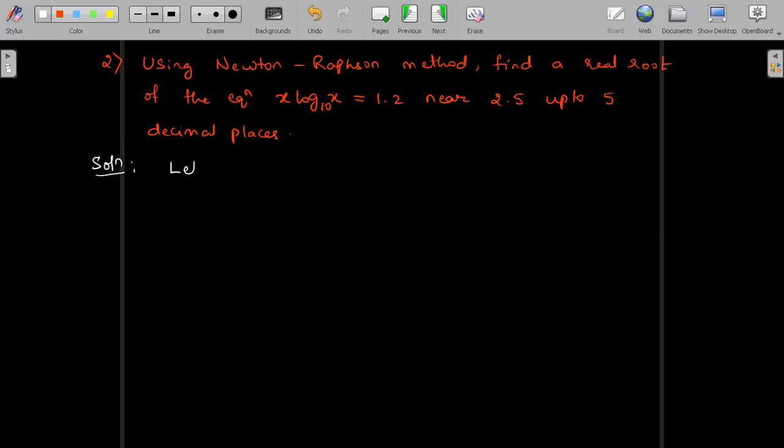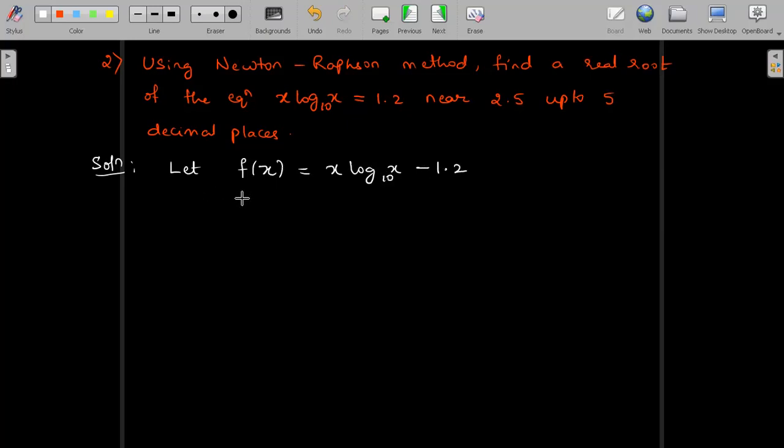So let us denote f of x by x log x to the base 10 minus 1.2, and from this we can find out f dash of x.